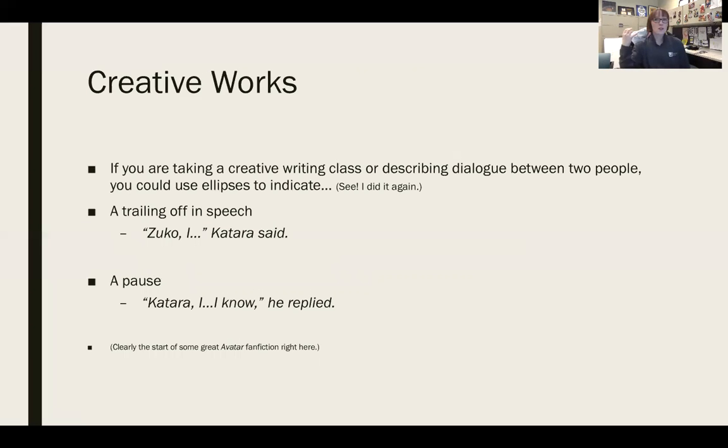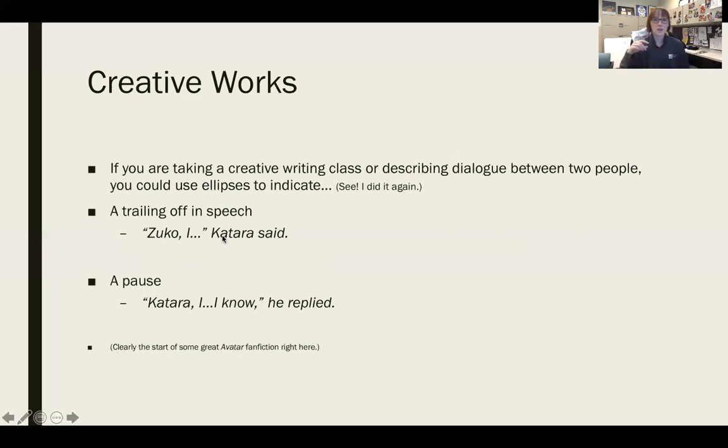So I should note that in your time at Akron, especially given the college that we're in, you may find yourself doing creative works where an ellipsis would be appropriate. If you're taking any sort of creative writing class where you describe a dialogue between 2 people, you could use an ellipsis to indicate, and you can see here I did it again, a trailing off in speech.